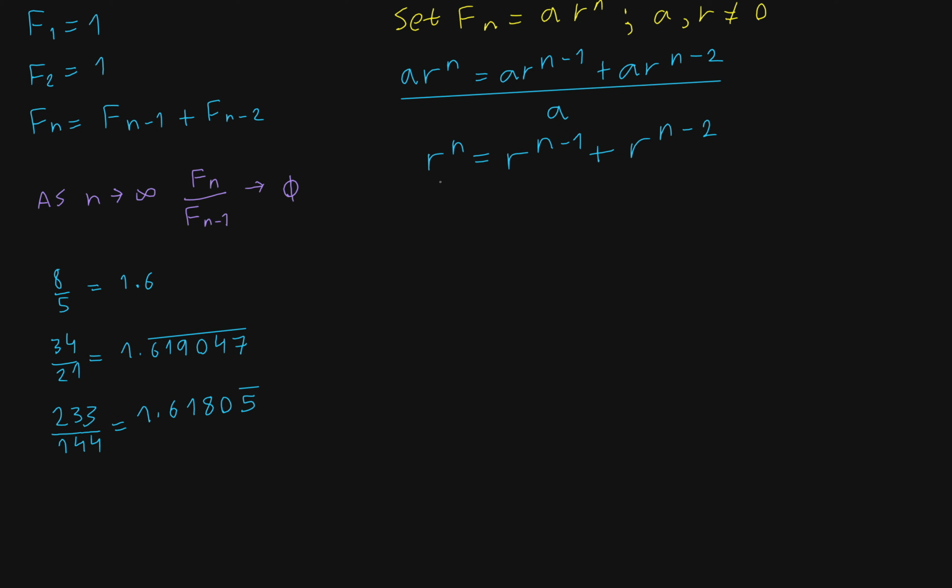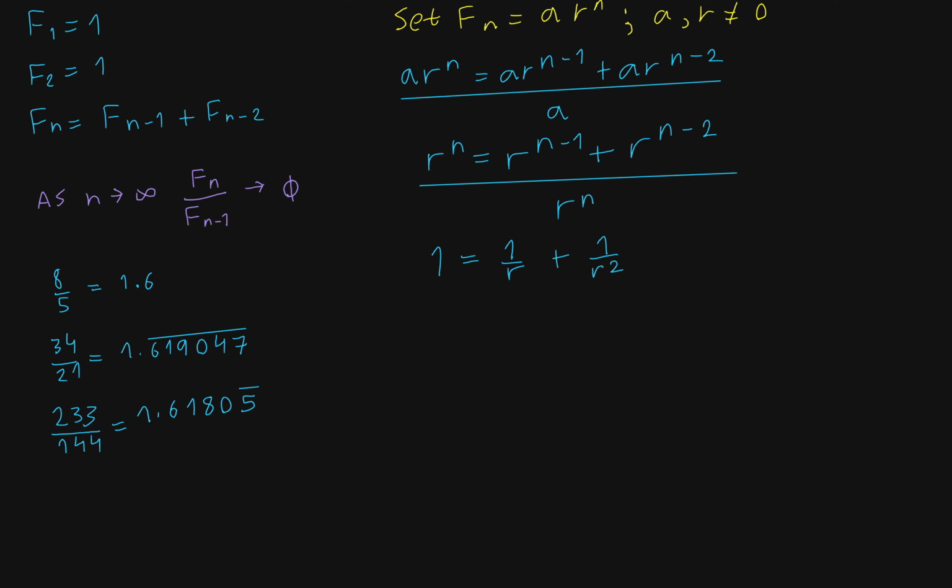So now what we can do is let's divide both sides by r to the n. So then what we're going to have is 1, and then this is going to be 1 over r plus 1 over r squared.